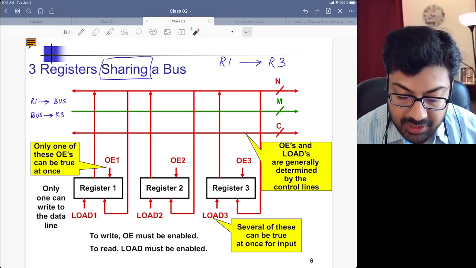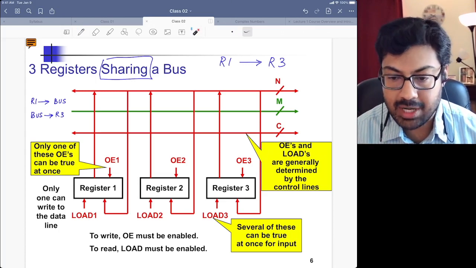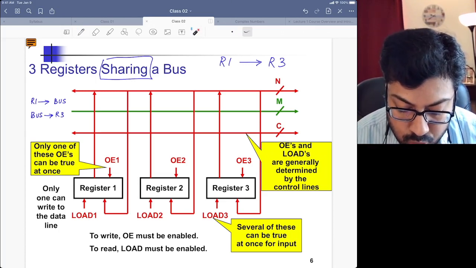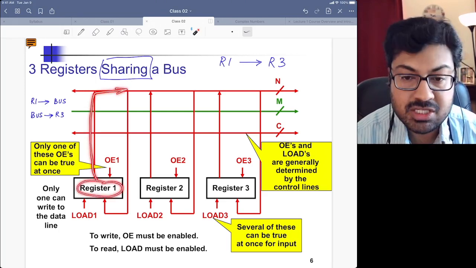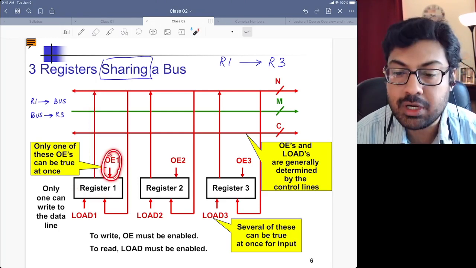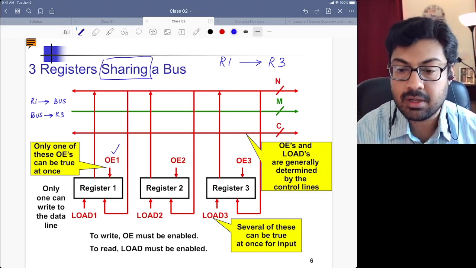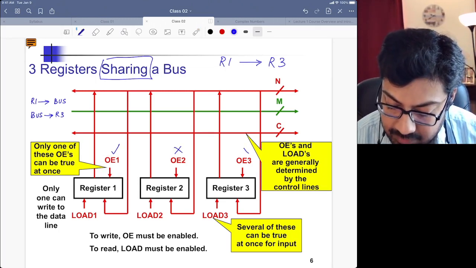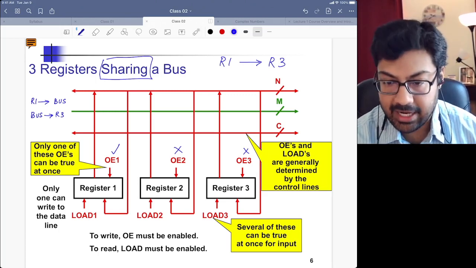However, for these to happen, you need to have the appropriate control lines. For example, if I want to move contents of register 1 to the data bus, then I need to activate output enable 1, right? But I have to make sure that all of these are inactive. Output enable 2 and output enable 3 are inactive.